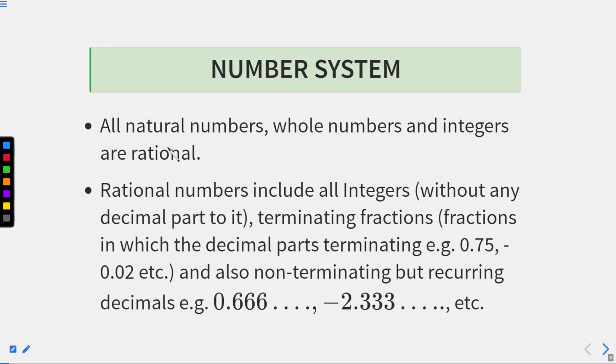Now, if you see the natural number set, it starts from 1, and the next element is adding 1 to 1. Adding 1 again to 2 gives us 3, till infinity. The whole number set starts from 0, then adding 1, then again adding 1, we get 2, 3 and so on till infinity.